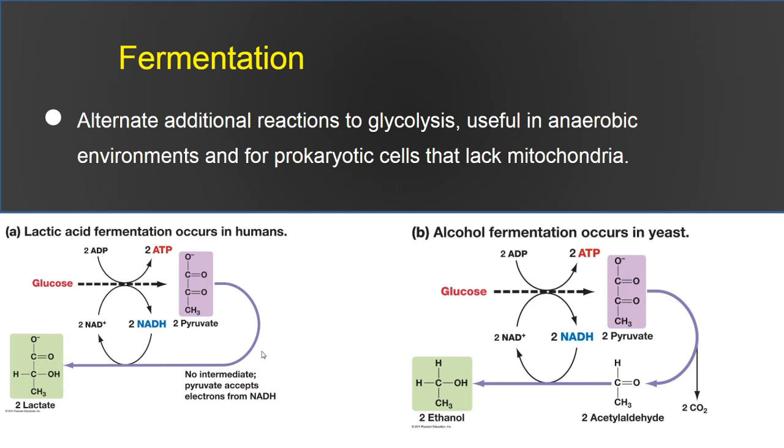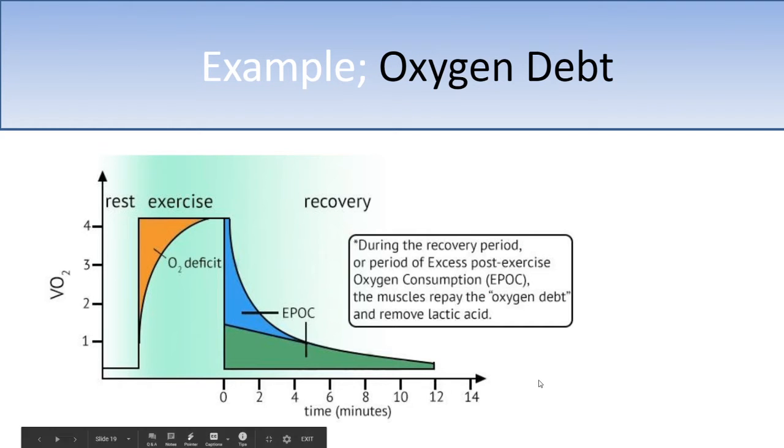And that's all fermentation is. Fermentation is just a way for prokaryotic cells to regenerate their electron acceptors to get them back to the point where they're usable. Otherwise, the entire process would just grind to a halt.